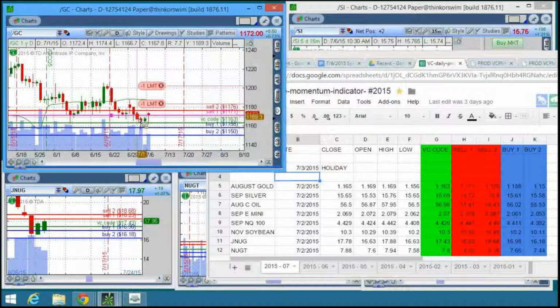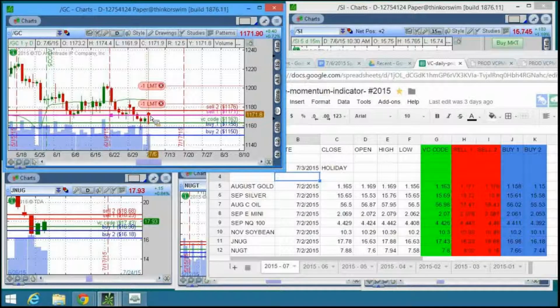And the market jumped on Monday the 6th into the 1171 target area, making a high of 1174.40 today.